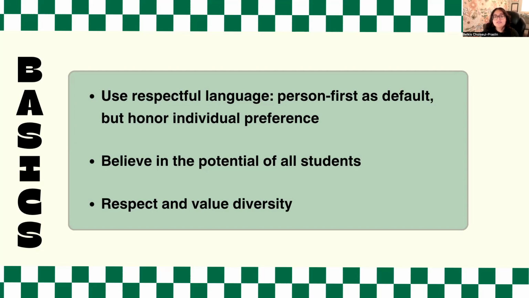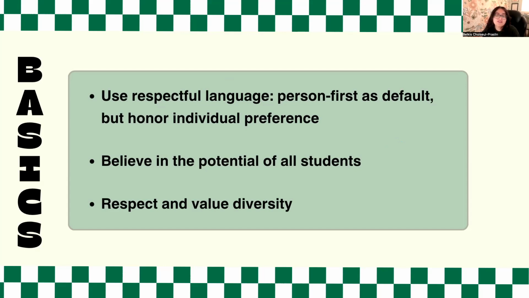And so sometimes it would be more appropriate to go identity first, where we talk more about an autistic individual. Now, the best practice is to default to people first language, especially in writing and academic spheres, but always respect and follow the preference of the individual.